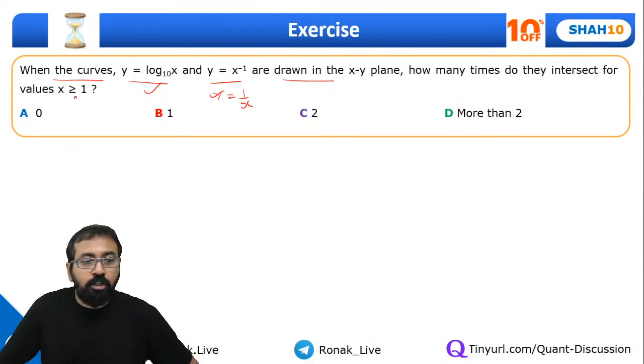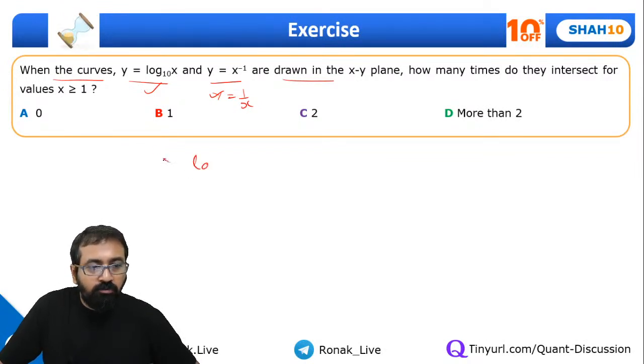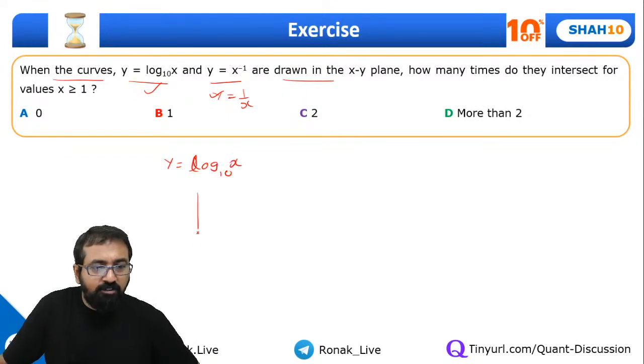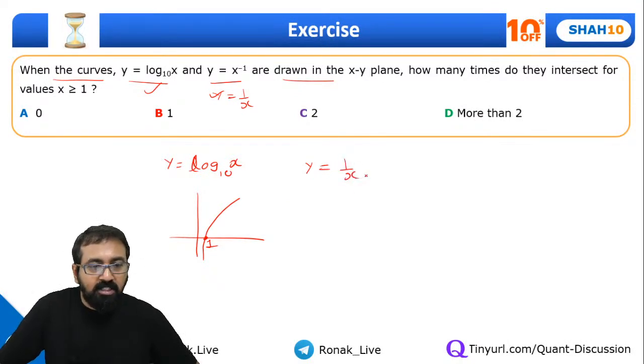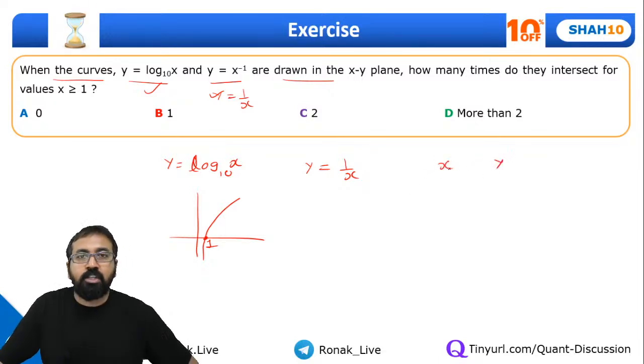First of all, you will have to draw the graph of log of x. We know y equal to log of x with base, of course, 10. The graph will be like this, and this will intersect the axis at x equal to 1. Same way, what will be the graph for y equal to 1 upon x? To draw the graph, we need to take values of x and identify the values of y.